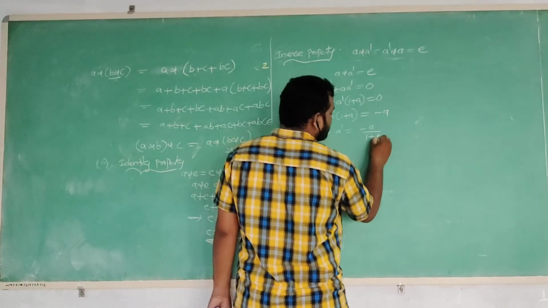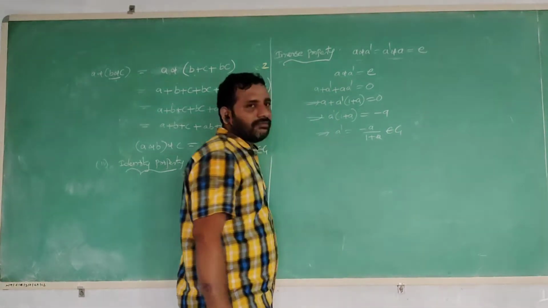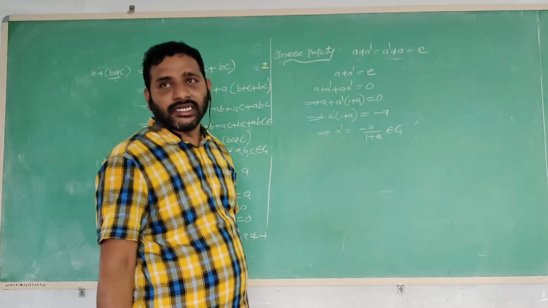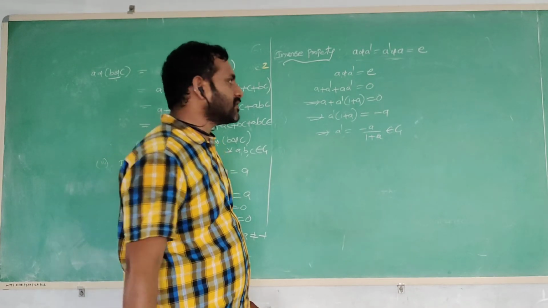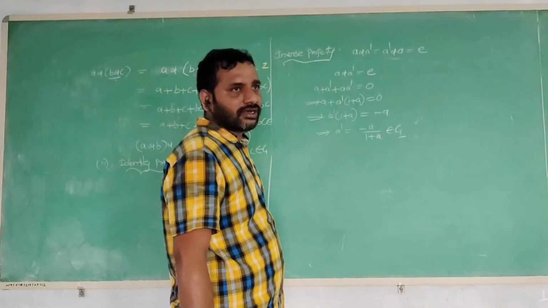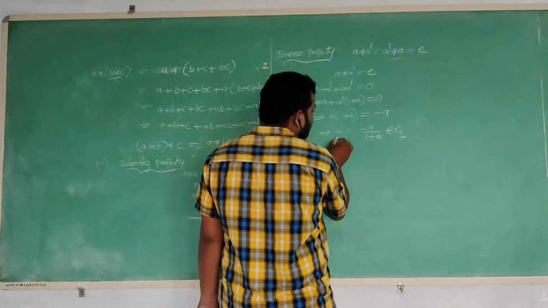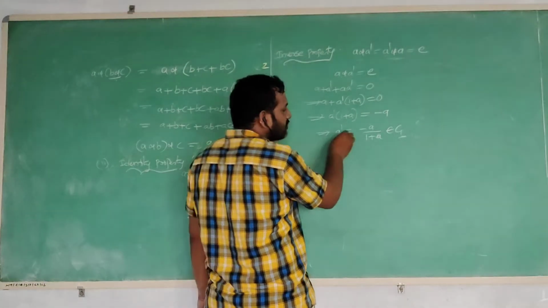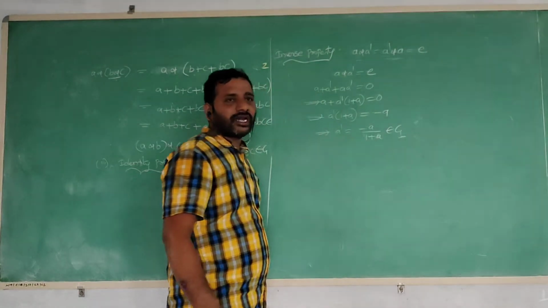Any element A, the element minus A by (1 plus A) also belongs to G. Here Q is the set of rational numbers, G is the set of rational numbers excluding minus 1. The inverse of A is A dash, where A dash equals minus A by (1 plus A).